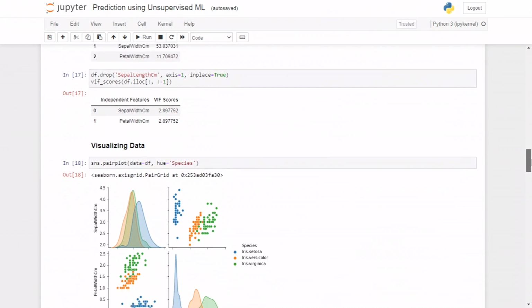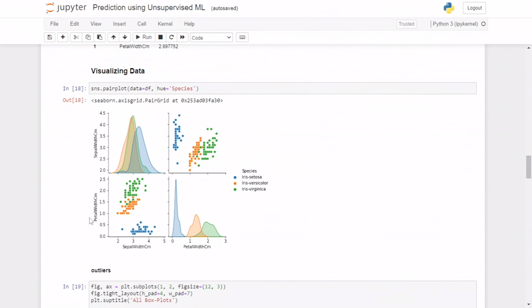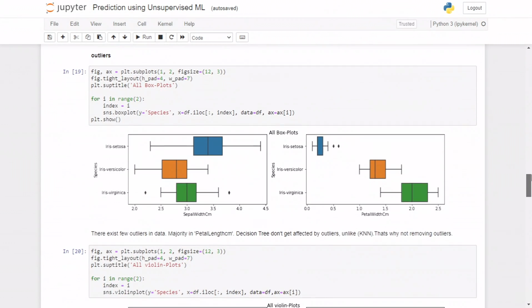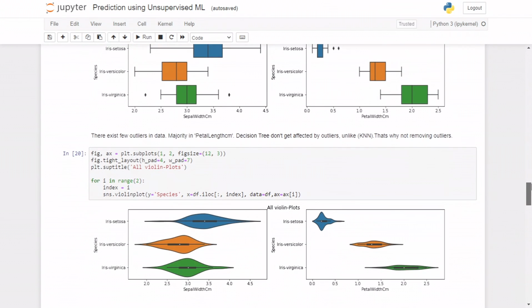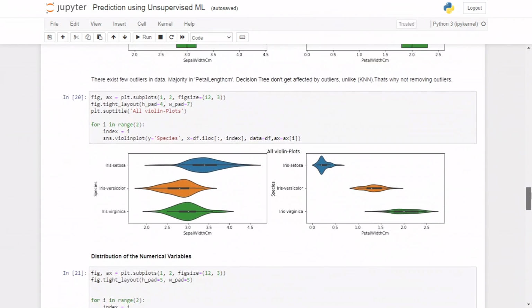So we are now visualizing the data using Seaborn's pair plot between petal width and sepal width, and we are checking for outliers using a box plot and a violin plot, and we can see that in petal width there are some outliers.